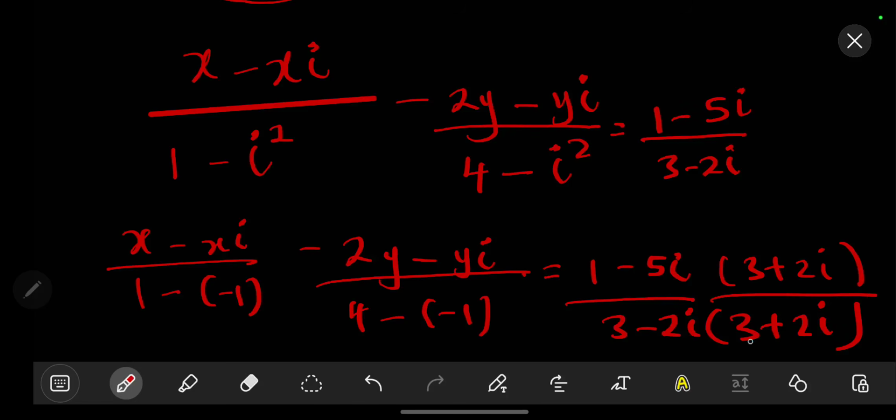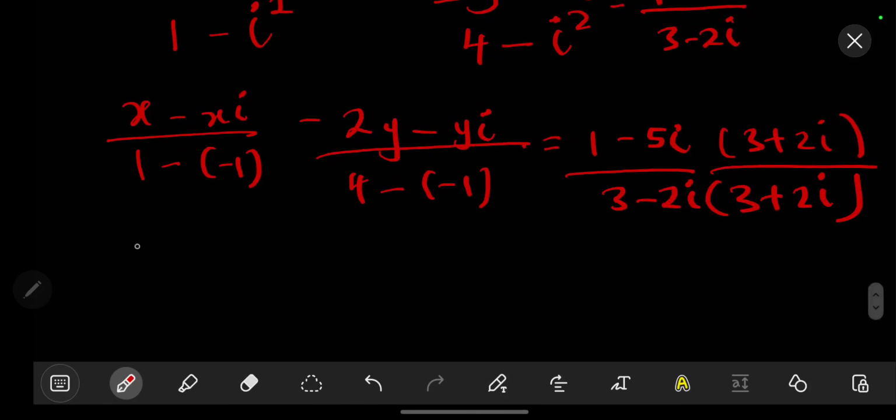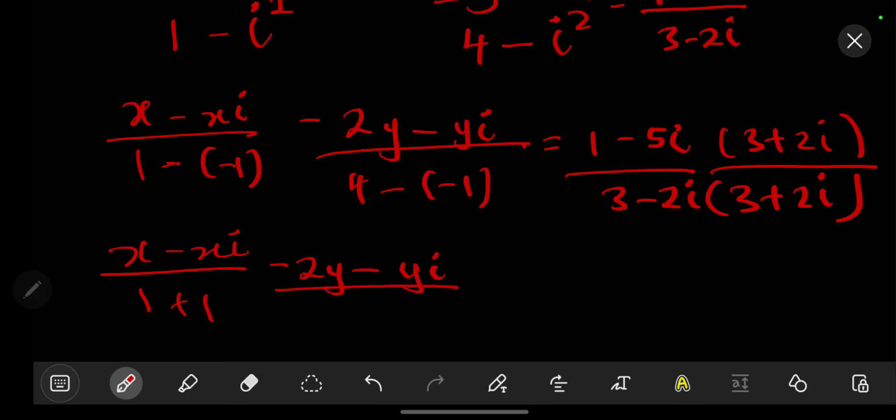So this is going to give us, we have here we have our x minus our xi over 1. This times this will be plus 1. Then we have minus our 2y minus our yi. Then we have divide by, we have our 4. Negative by negative, it's positive 1 like that.